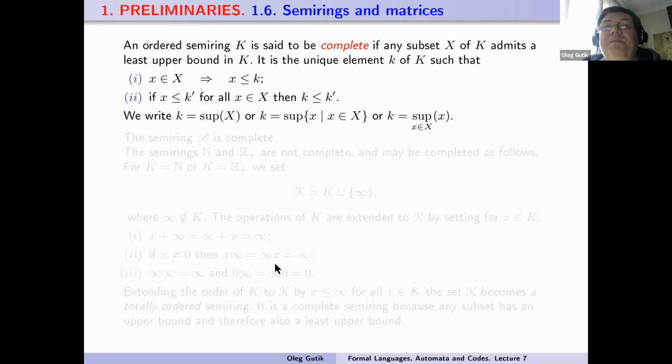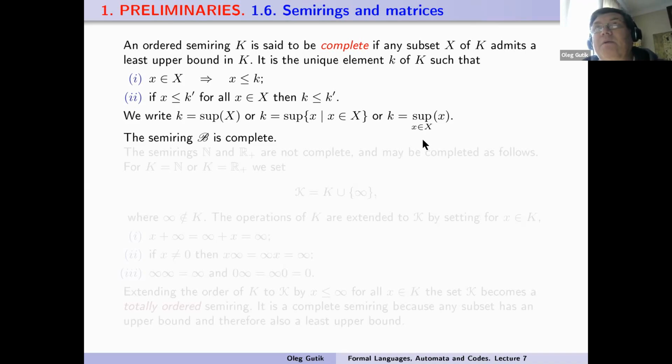So in future we shall write k is equal to the supremum of the set X, or k is equal to the supremum of x, where x belongs to X.